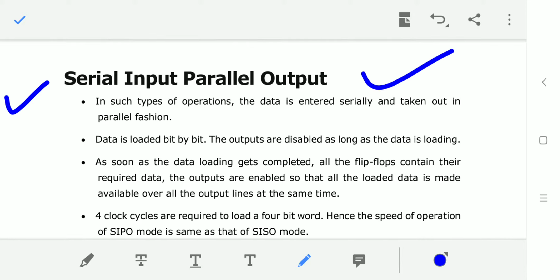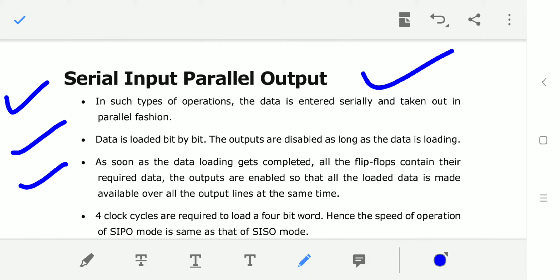In such type of operation, the data is entered serially and taken out in parallel fashion. Data is loaded bit by bit. The outputs are disabled as long as the data is loading. As soon as the data loading gets completed, all the flip-flops contain their required data.